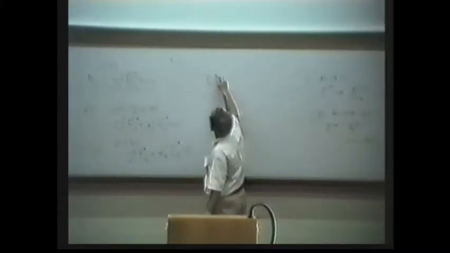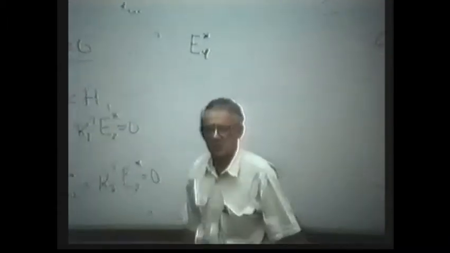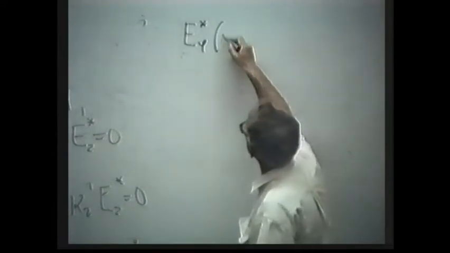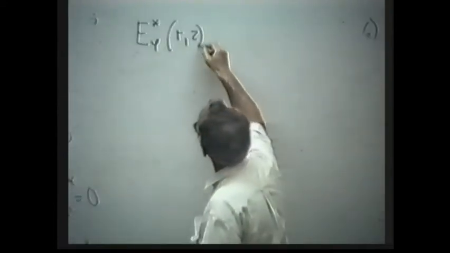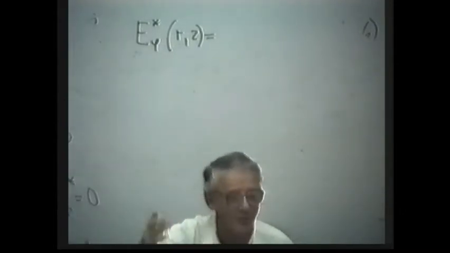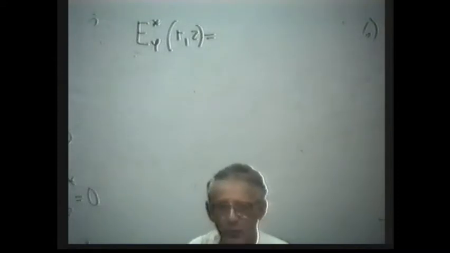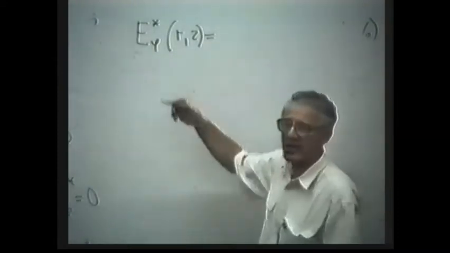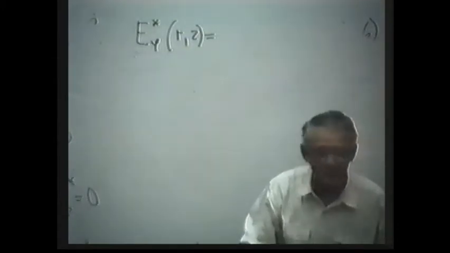Let me again only outline. For example, the complex amplitude of the electrical field depends on coordinates R and Z. Following Bernoulli a few centuries ago, mathematicians are able to present this function as a product of two functions.